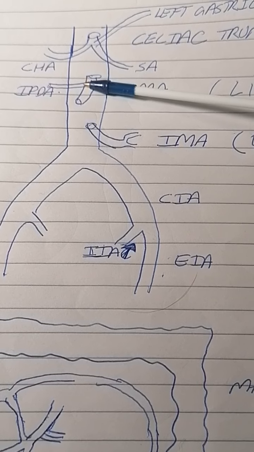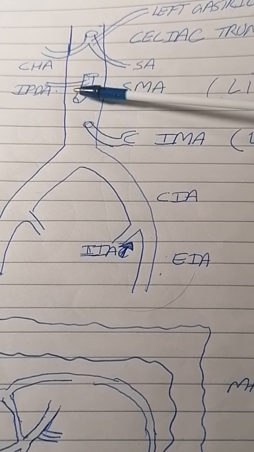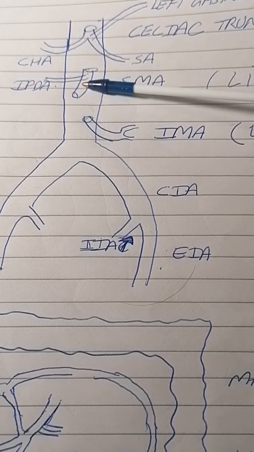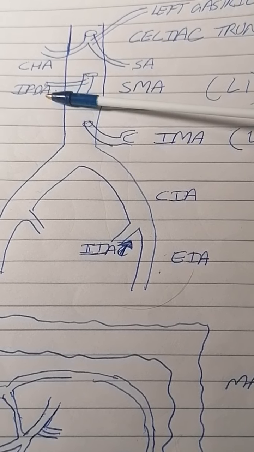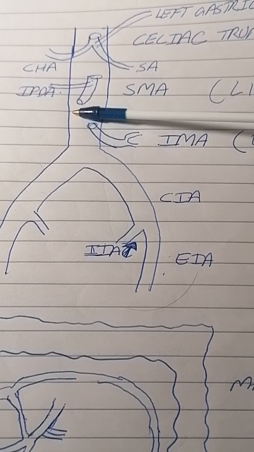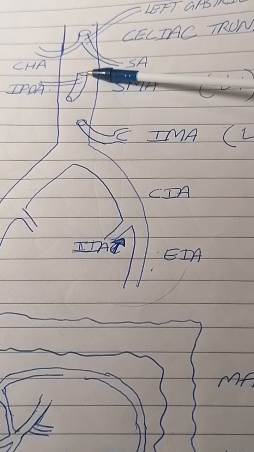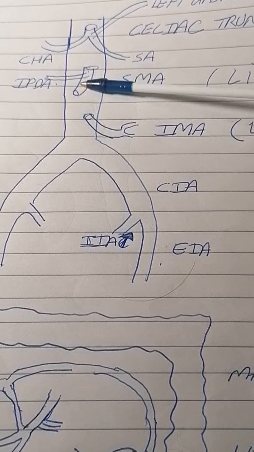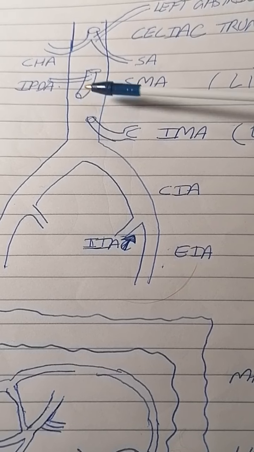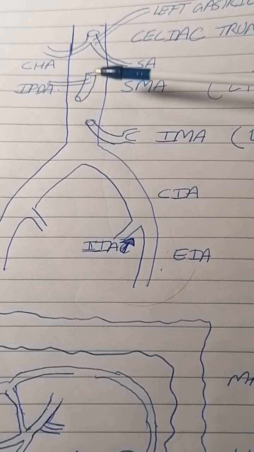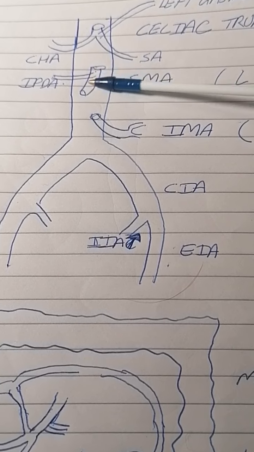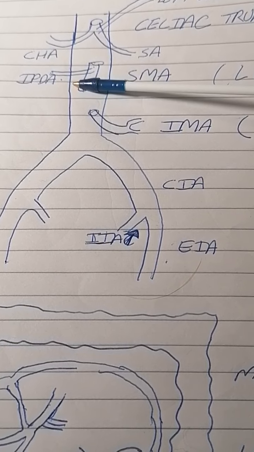So here is the superior mesenteric artery, and just at its origin is a branch known as the IPDA, which I just mentioned. It also gives a few branches like your jejunal arteries, plenty of them going towards your jejunum. So this was all about the SMA.